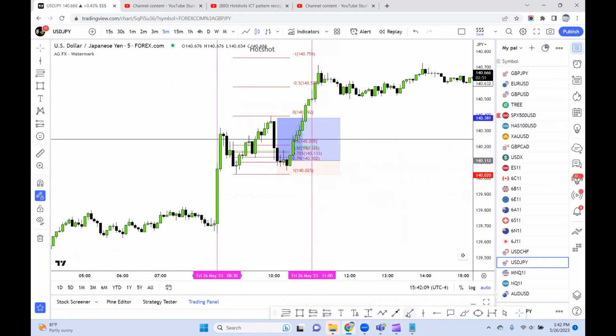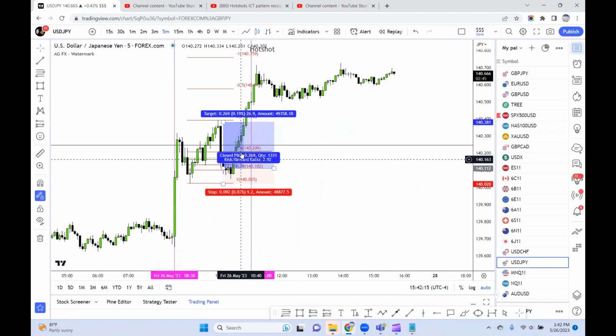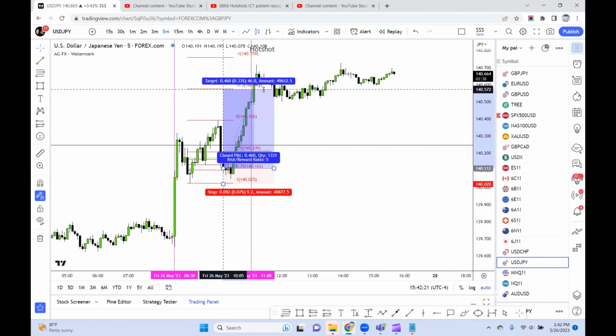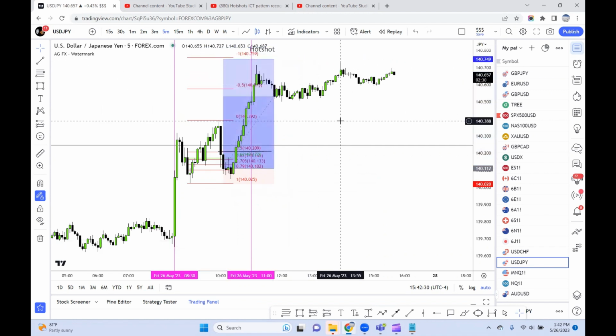Once it gets tapped, our stop loss will go from here to the 50 level of the fibs. We will move our stop loss in profit. You can see that we targeted that previous day's high, ran it out, and you can see that the next level, 0.5, we target the 50, boom, got ran out, take more partials, and now we are ultimately targeting the 50 level here.